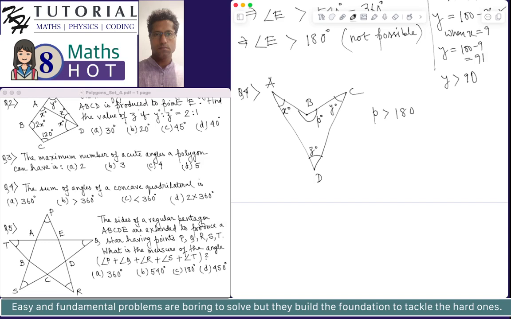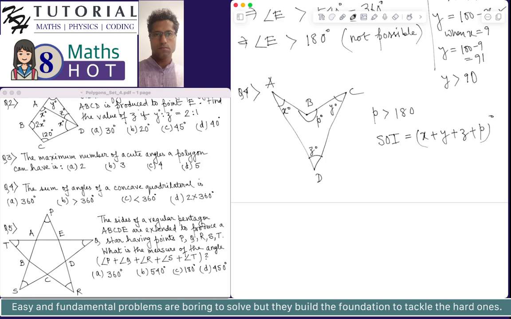Now it is asking about the sum of the angles. So the sum of the angles, as per the figure I have drawn, will be X plus Y plus Z plus P degree. The choices are 360 degree, greater than 360 degree, less than 360 degree, and 2 into 360 degree.